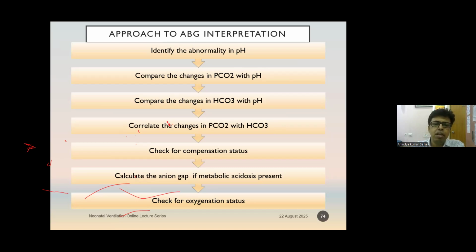Then we correlate the change between PCO2 and bicarbonate, and finally check the compensation status. Lastly, we calculate the anion gap if metabolic acidosis is present, and check oxygen status if we want to know the PaO2 and the A-a DO2. So let us go one by one.